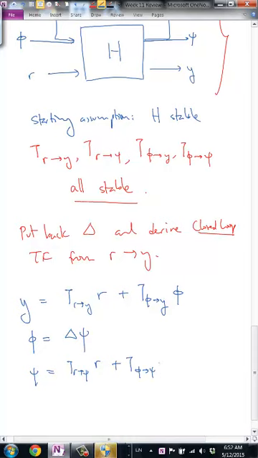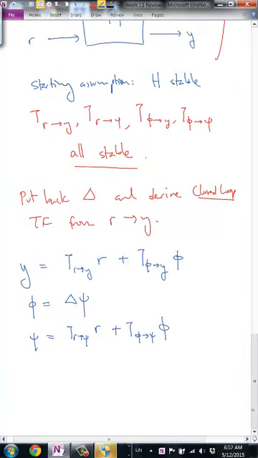So now we can solve. We put this back in here, and we get that phi is equal to delta times the transfer function from R to psi times R plus delta times the transfer function from phi to psi times phi.